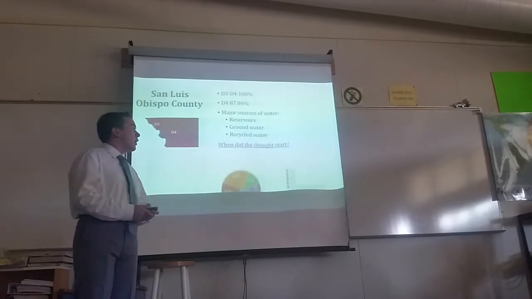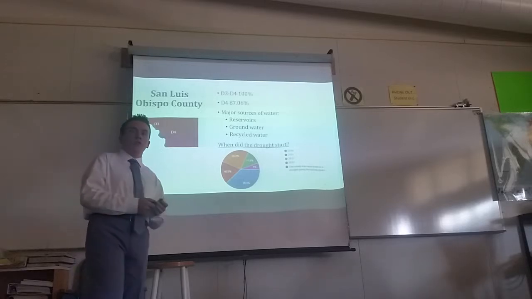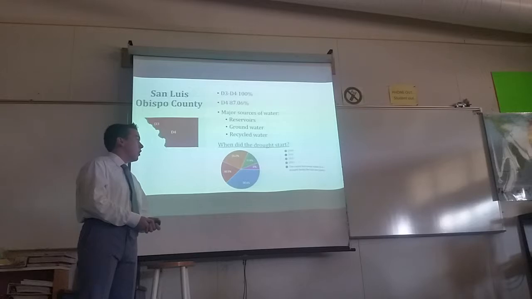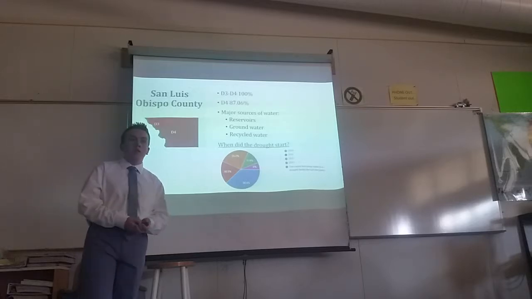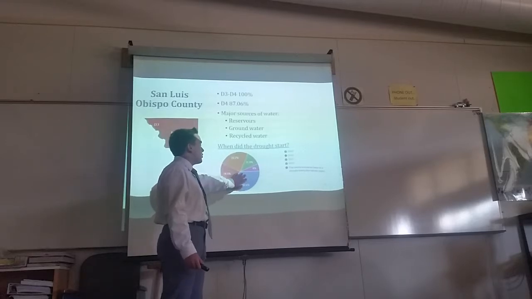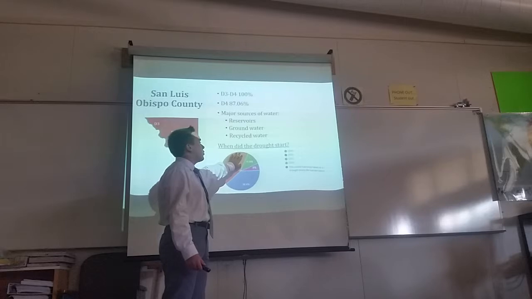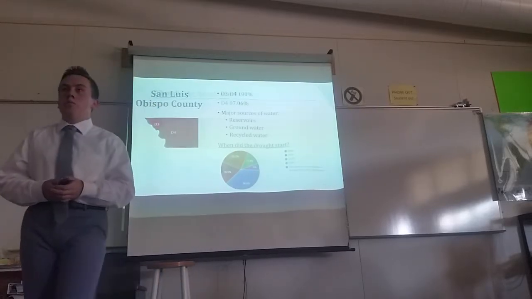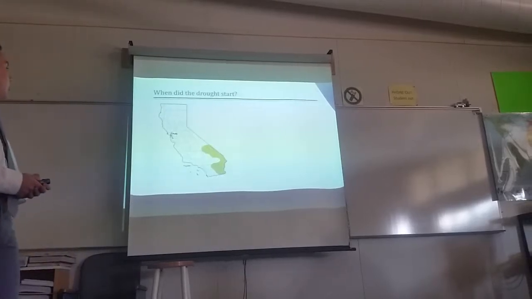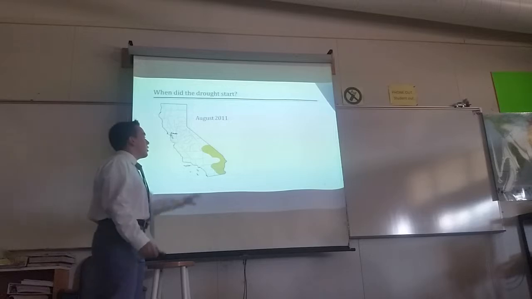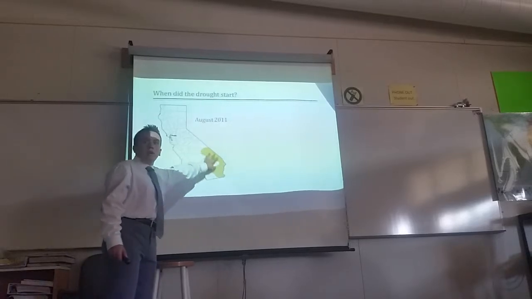And also on my survey that I hope some of you take, I asked you, when did the drought start? Most people told me 2011, then some 2010, some 2011, and others 2012. To really see, if I take the drought monitor of August 2011, we can see that the drought started in the southern part of the state.